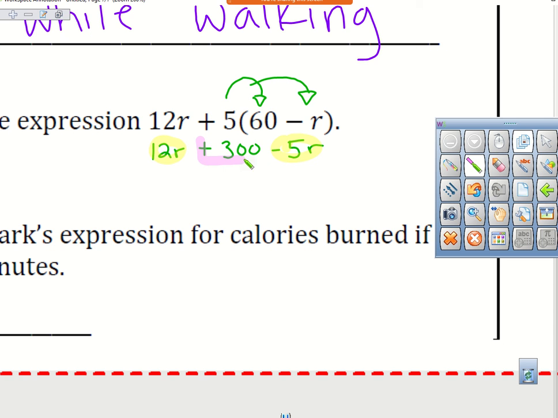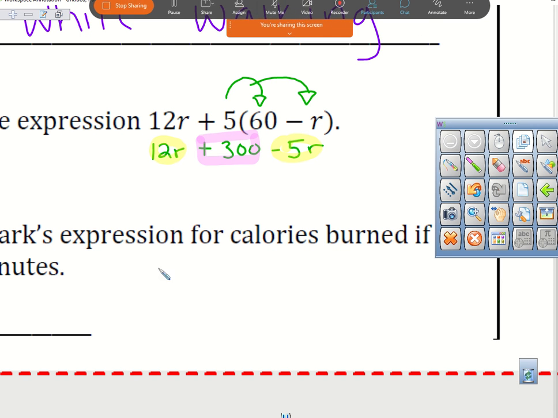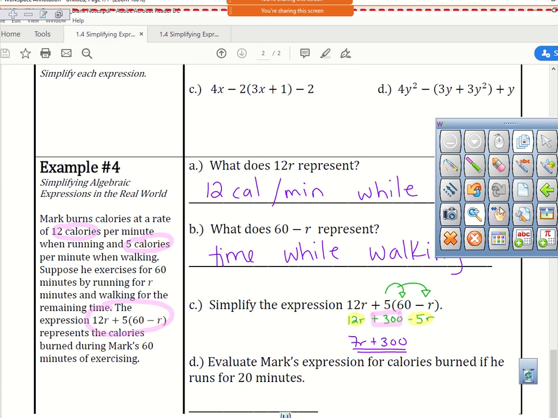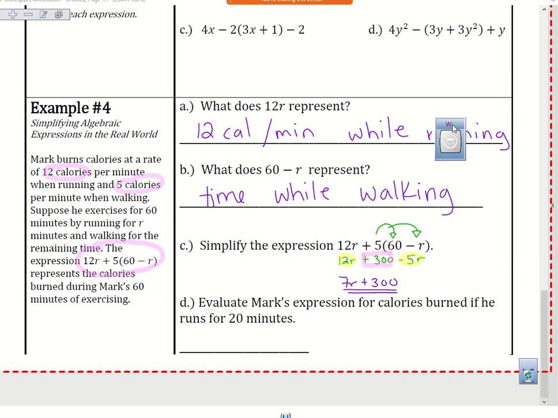My 300. Yeah, 300. 12 minus 5 is 7R plus 300. Right, 12 minus 5, I get 7, and then that 300 just goes at the end. Guys, remember with the word expression, there is no equal sign.